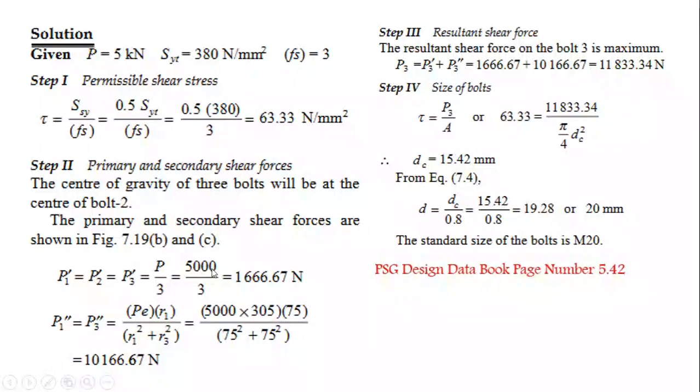The load is 5000 Newton divided by 3, so you can get the value of the primary shear force equal to 1666.67 Newton. And we can find the secondary shear force, P1 double dash equal to P3 double dash.